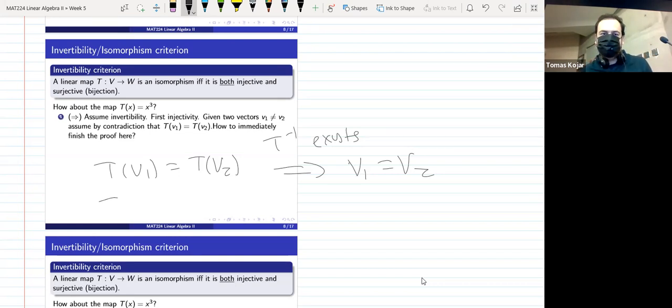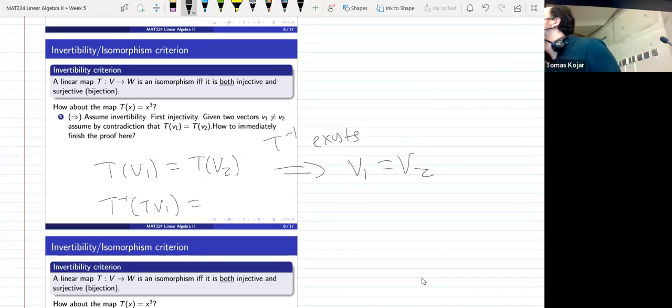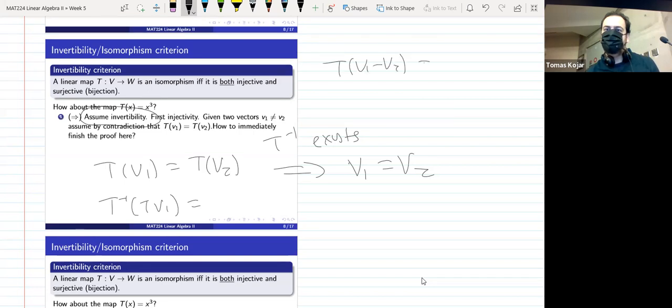You take the inverse of both sides, right? Oh, no. We're assuming that it's invertible. We want to show injective.